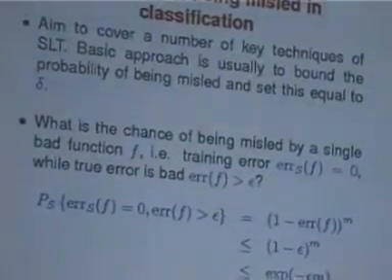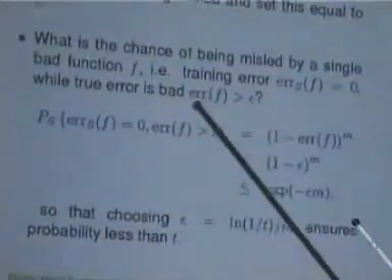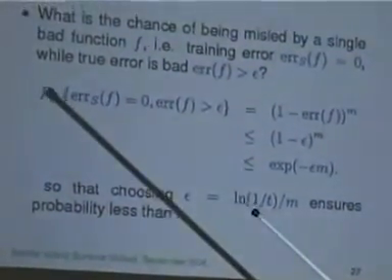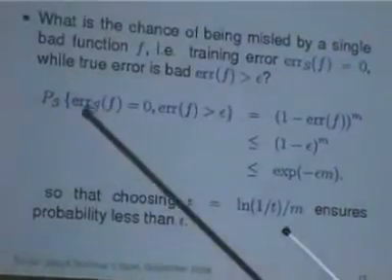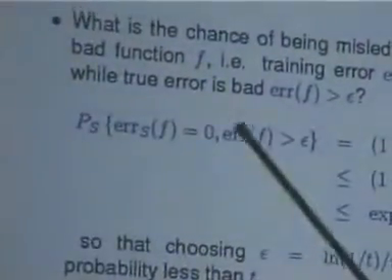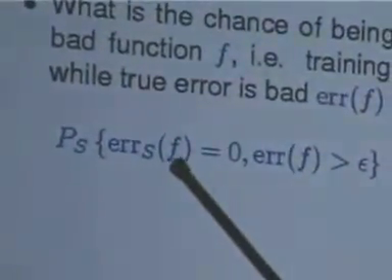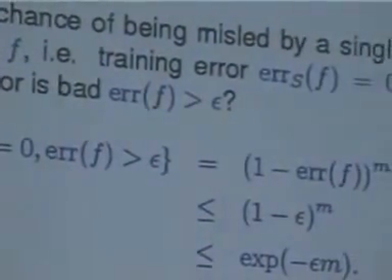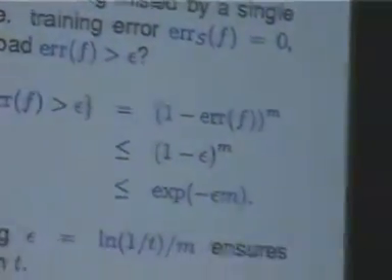So what we try to do is bound the probability that a sample will make f look this good when actually it's not. You're approaching it to bound the chance that a sample can mislead you.